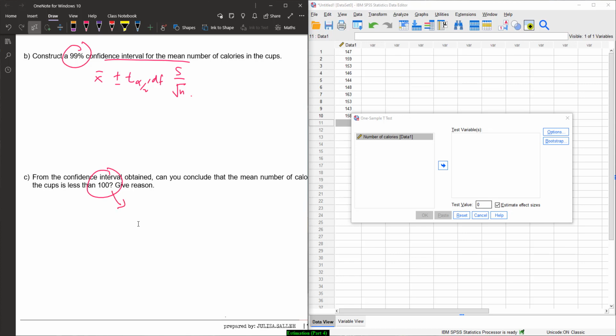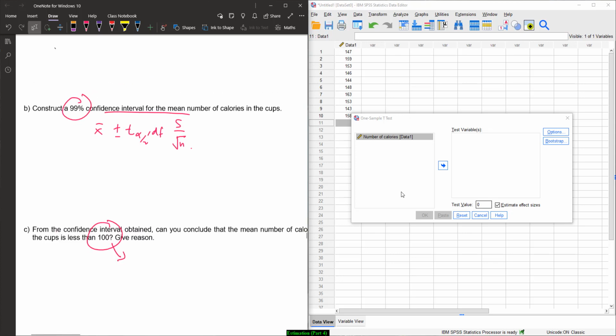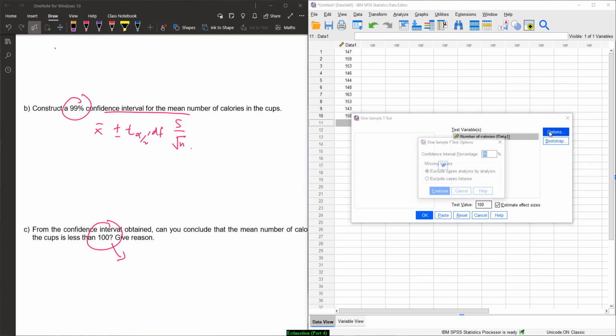Means that we want to know whether the mean number of calories is less than 100. Right. So we can put test value 100. So this one is not less than, but dia akan kira based on t value, right? Two-sided. So kita akan masukkan the variable that we want to analyze kat sini, and then option.